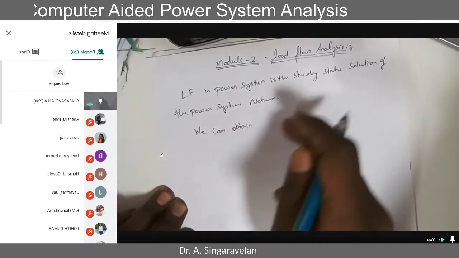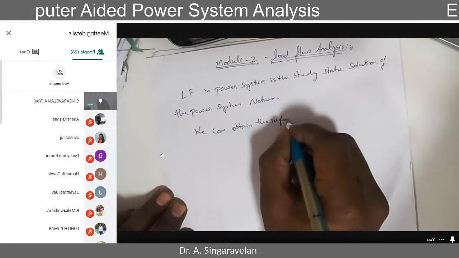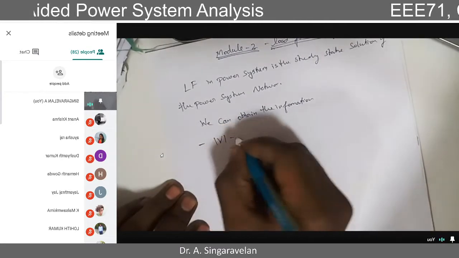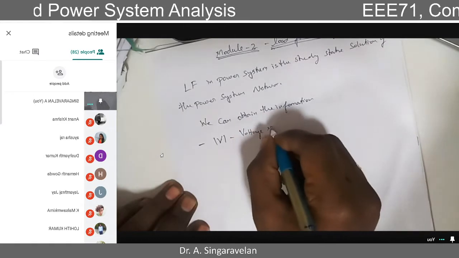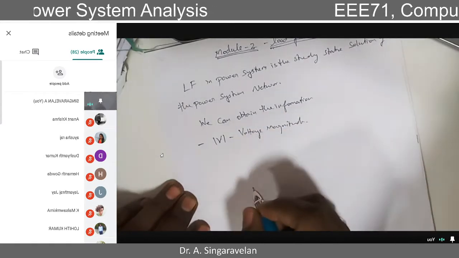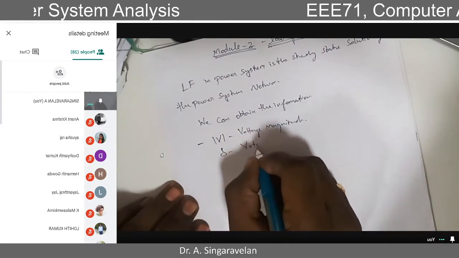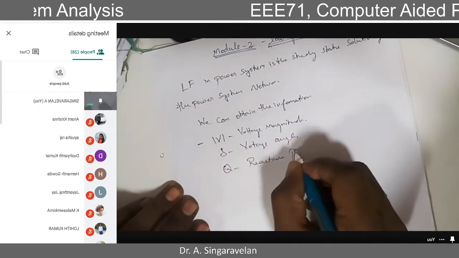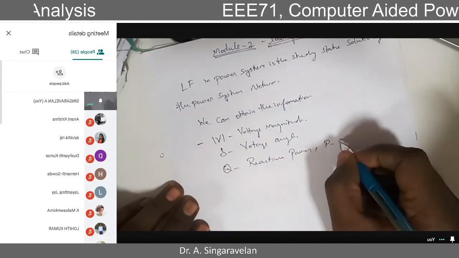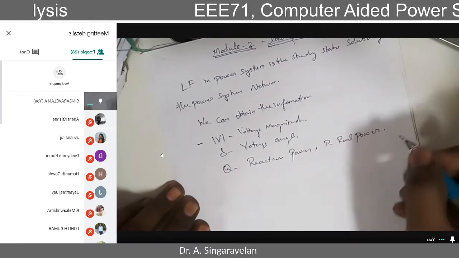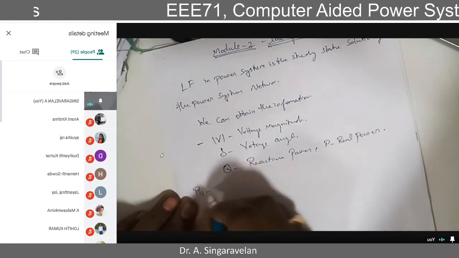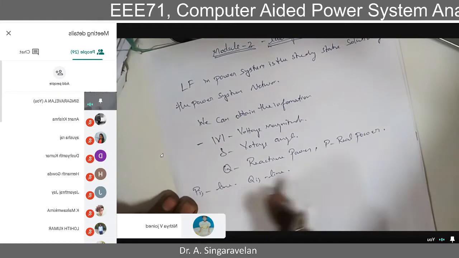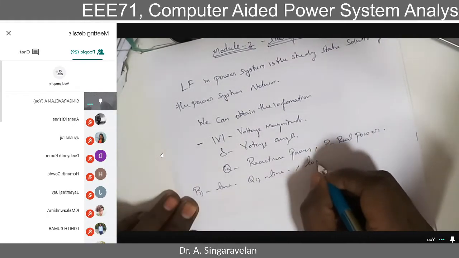The information from this load flow study is voltage magnitude, and maybe voltage angle also, and reactive power, maybe real power, and line flow of real and reactive power, and losses also.